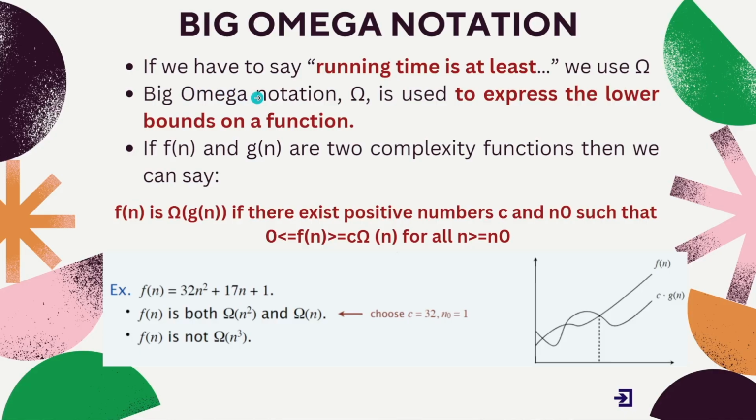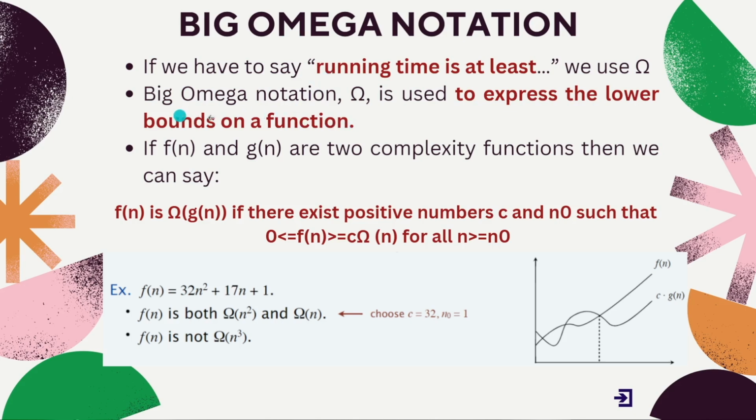The second asymptotic complexity notation is big omega notation. As we learned before, big O notation is used to find the upper bound of a function. Similarly, we have another notation, big omega notation, which is used to express the lower bound of a function.